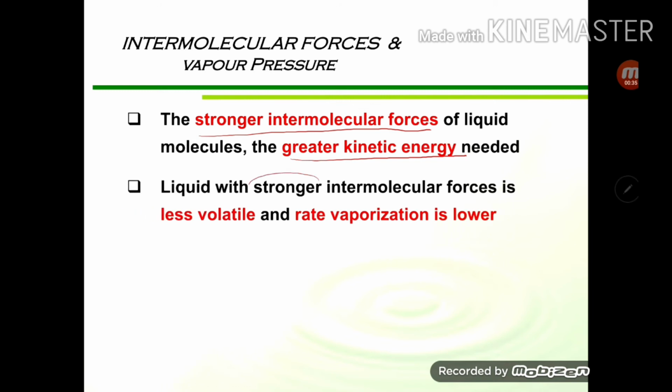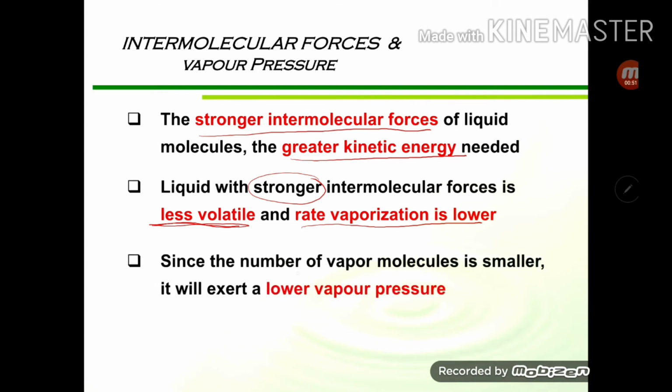A liquid with stronger intermolecular force is less volatile because more energy is needed to overcome the intermolecular force, and rate of vaporization is lower. Since the number of vapor molecules is smaller, it will exert a lower vapor pressure.